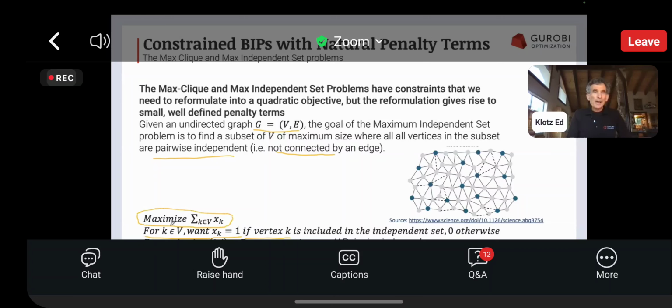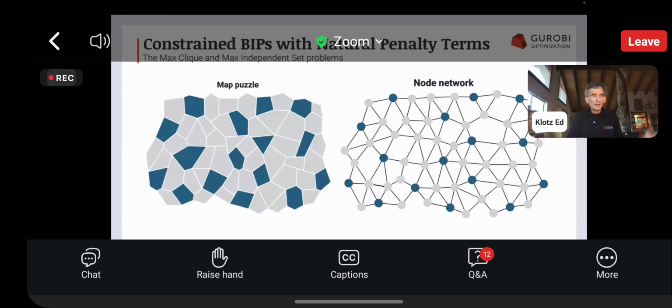So we're just going to maximize their sum, but we need to prevent nodes that share an edge from being in the set. So for each edge, we add a constraint that the sum of the variables associated to the edge's nodes is less than or equal to 1. And that gives us this pairwise independence condition that we see. So here is our constrained form.